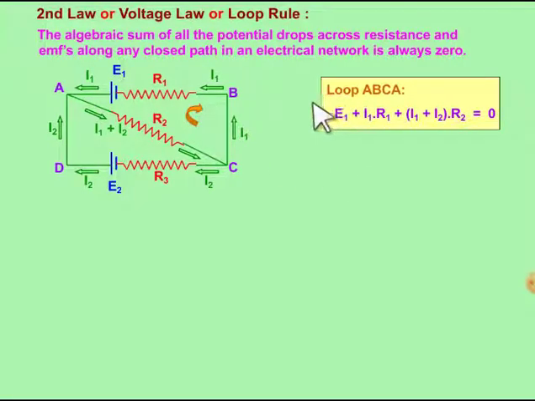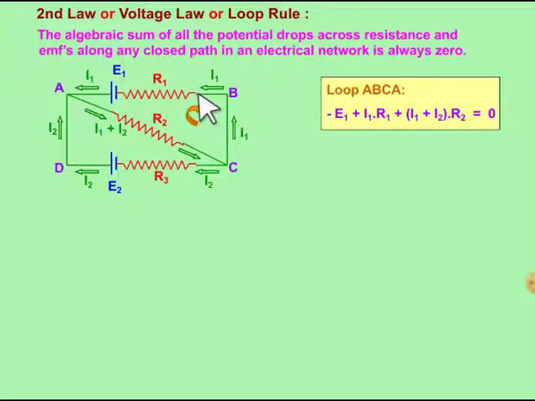Got it? And let's now go to the potential drop across resistors. What will be assigned to the potential drop across these resistors, whether it will be positive or negative? We know that the potential falls along the direction of the current in a current path. Current flows from higher potential to lower potential, right?